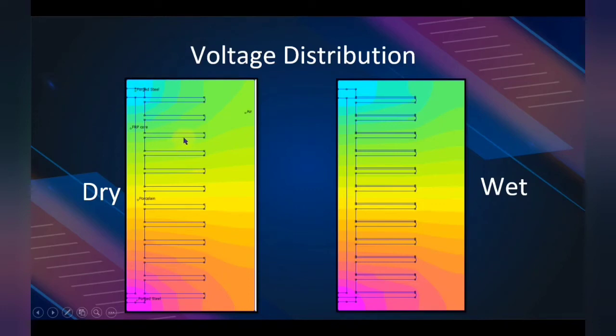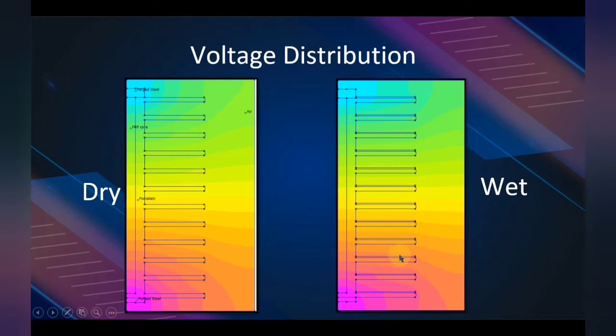For the wet, we can see the voltage distribution is not evenly distributed through the surface of our insulator. You can see the bottom is really different from this.